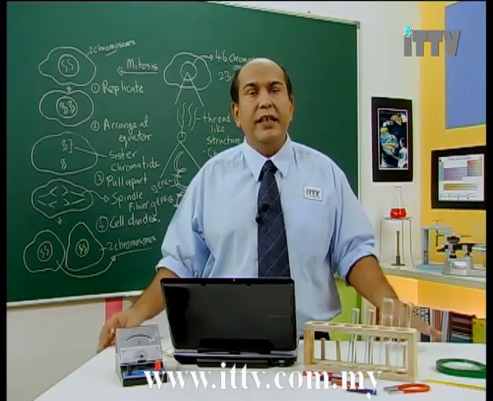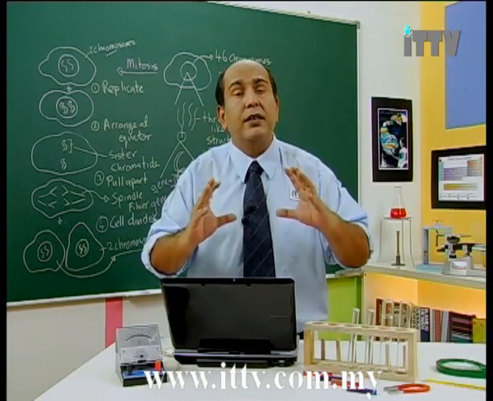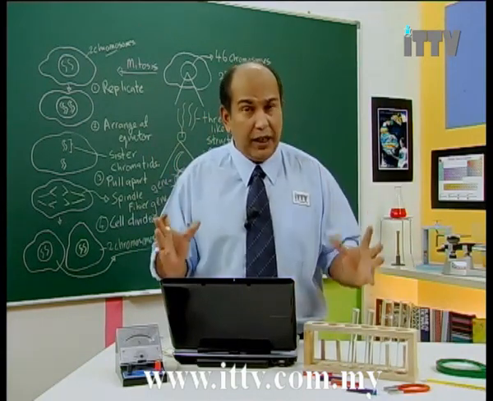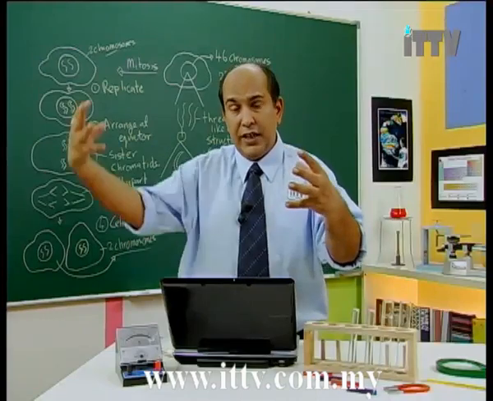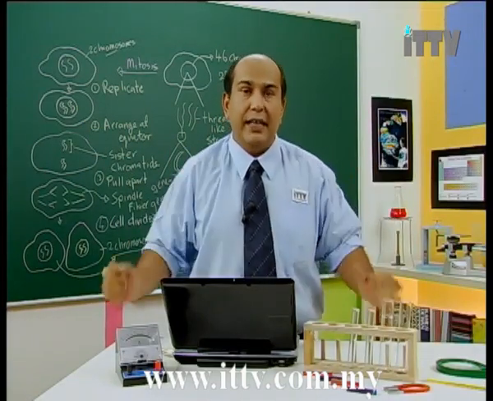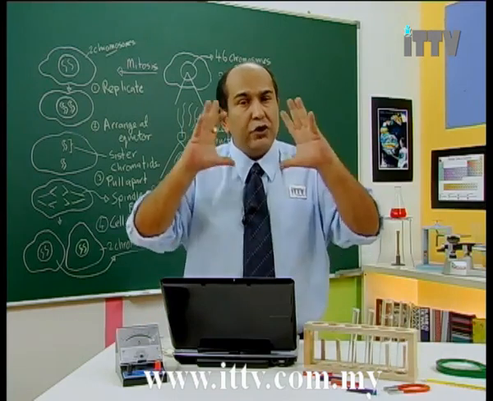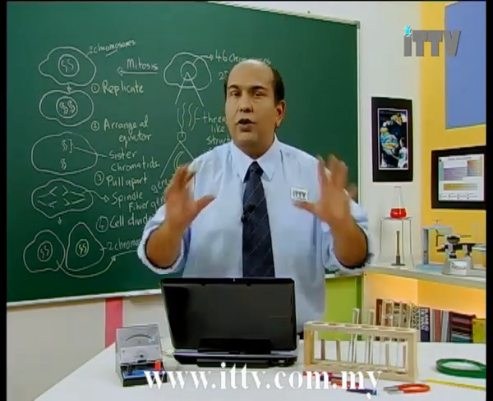So with us human beings, if you start with 46, it means our final product must have 23. Because when we put 23 in a sperm and 23 in an ovum back together, we get 46 again. This way we can make sure the chromosome number in the offspring is always correct.